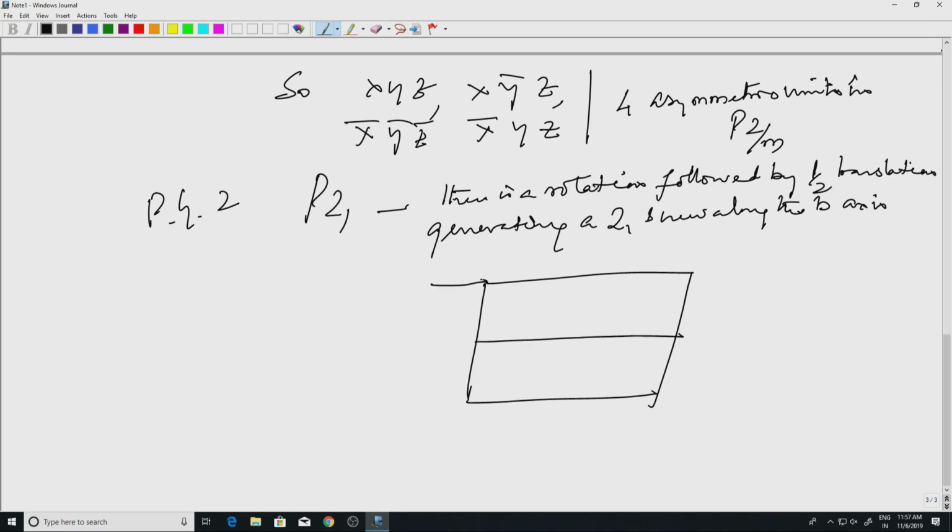So the screw is represented with a half arrow. This is B, this is C. So when I rotate along the B, it comes here, it's a minus. This is translated, you get it here. So this disappears.